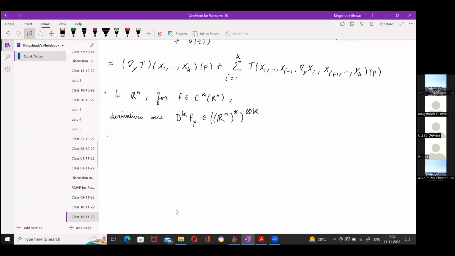So similarly, in a Riemannian manifold, what are the higher derivatives? The higher derivatives are going to be these higher covariant derivatives.